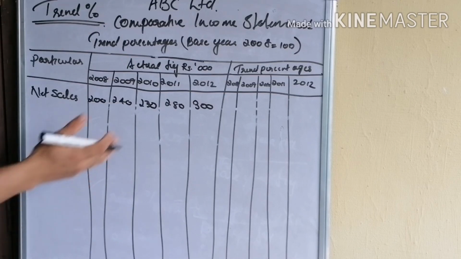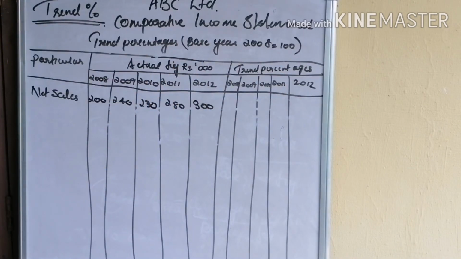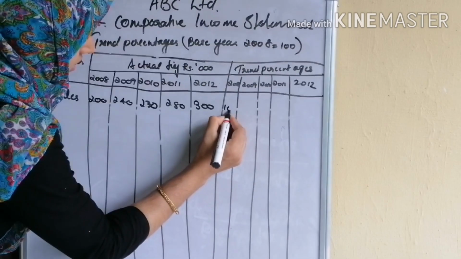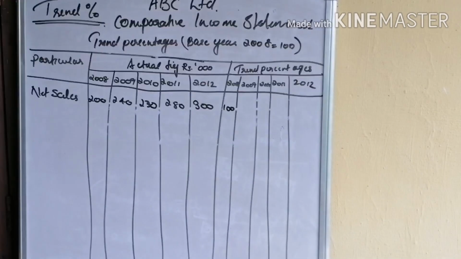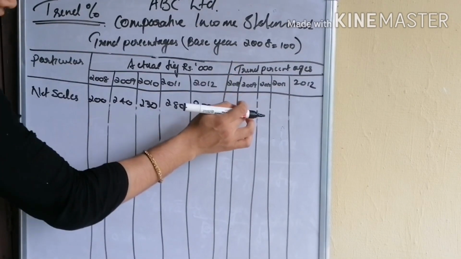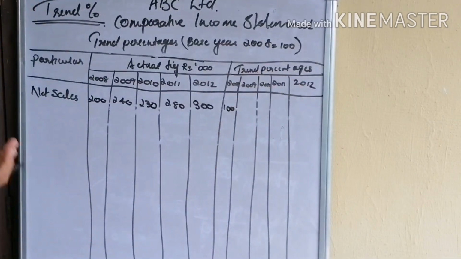Then we have to find out the trend percentages. We already said that the base year is taken as 100, so the base year figure is written as 100. Then we have to find out the trend percentages of 2009, 10, 11 and 12. How do we calculate?